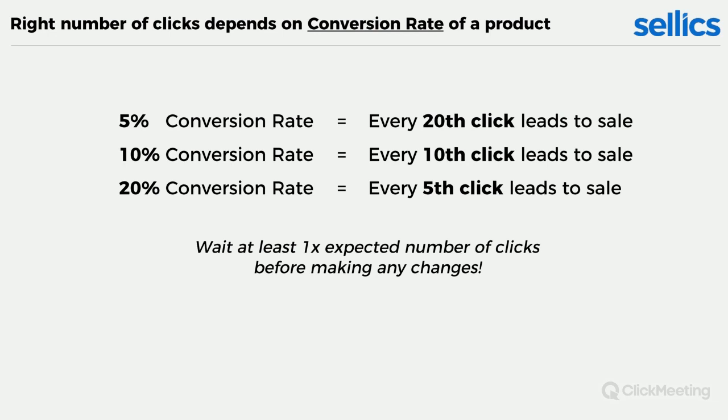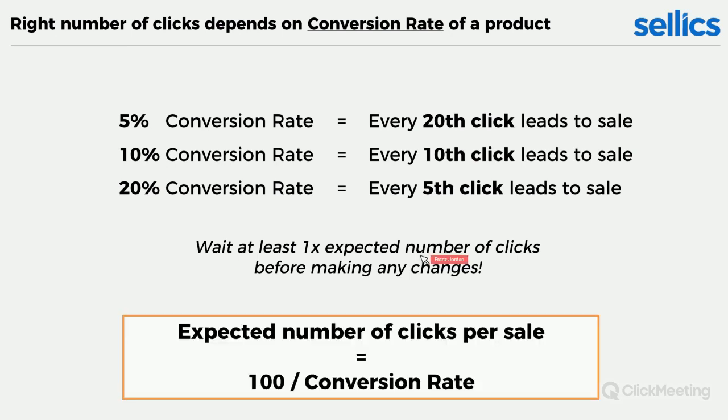And so if you stop a keyword after 1 click already, then it's kind of a premature action, because you didn't even give it a chance to perform the way it is performing on average, right?